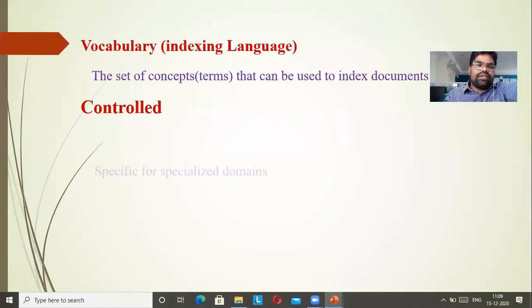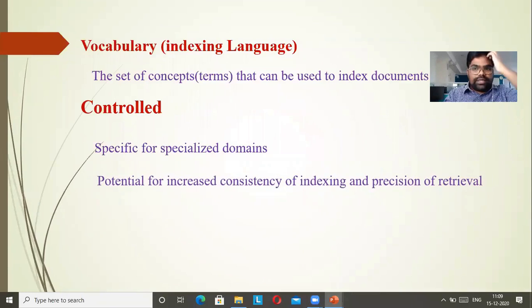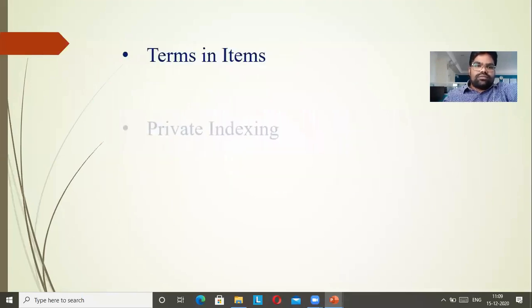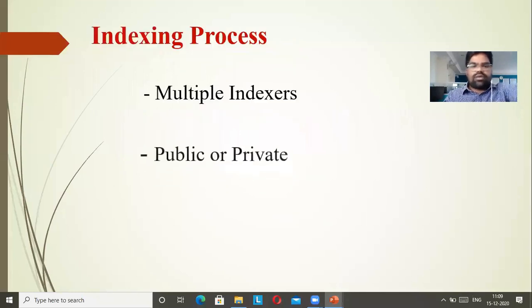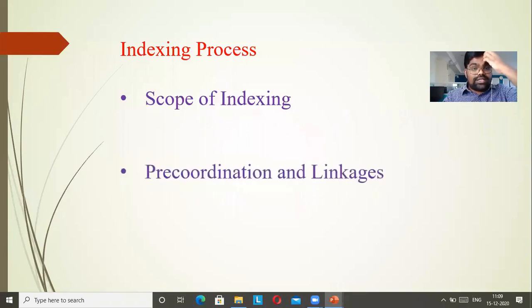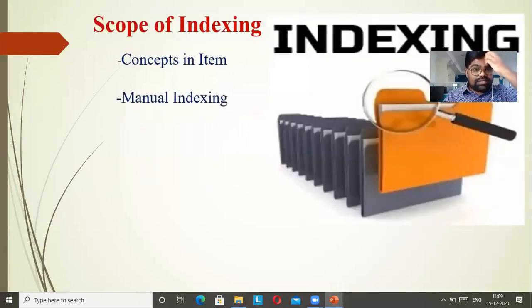Controlled vocabulary is a collection of particular words based on the user queries and the system queries. The indexing process is done by public or private indexers. Here we have one diagram also.